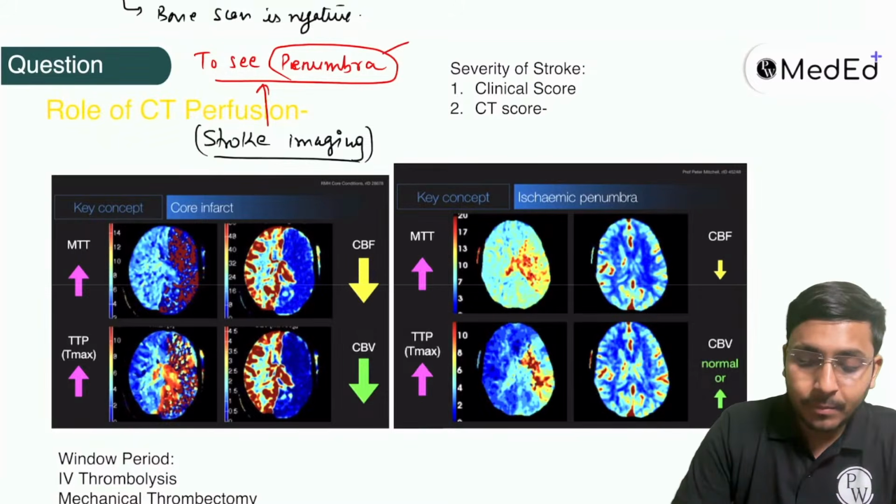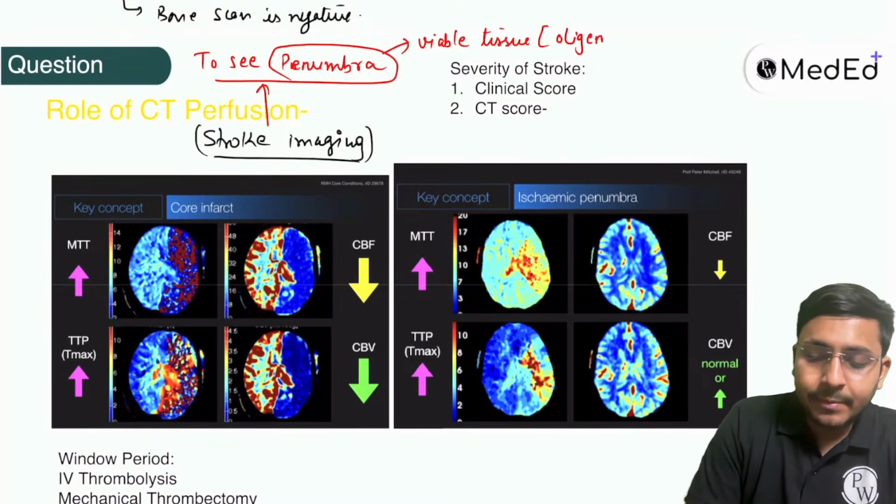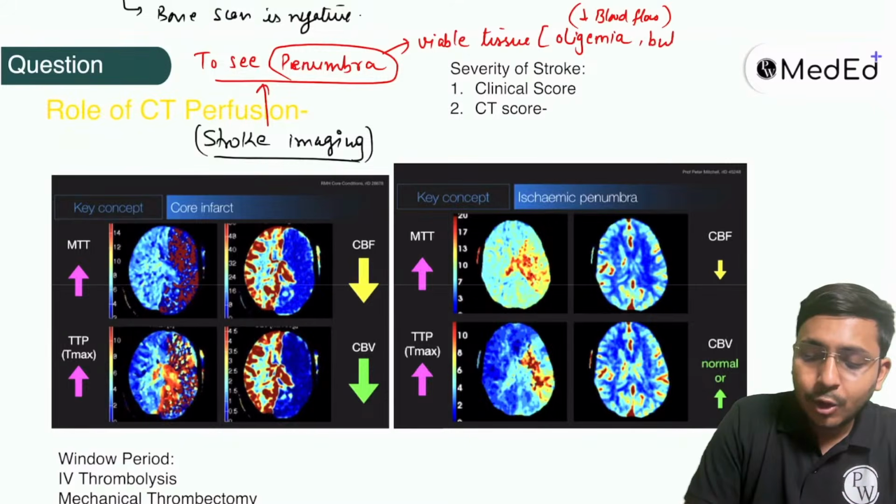And what is a penumbra? It is a viable tissue, meaning that there is oligemia. Oligemia means reduced blood flow, but no infarction.